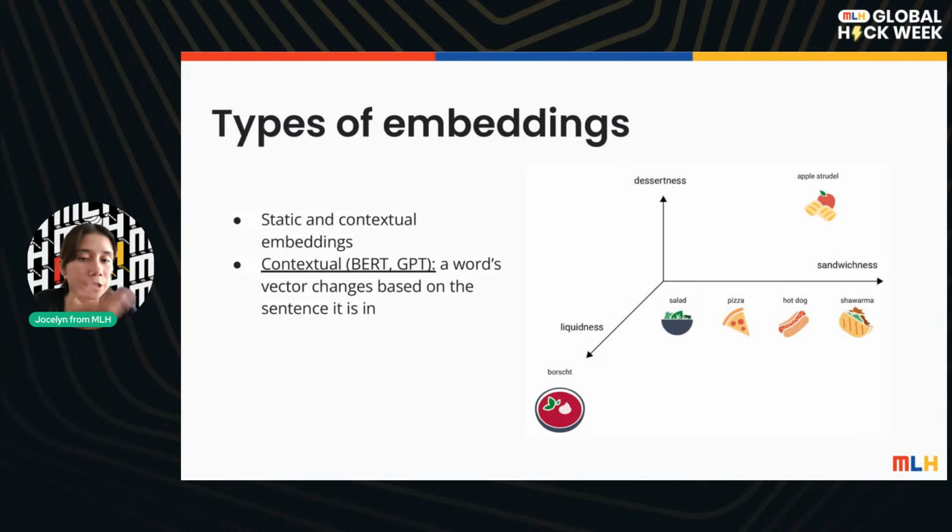And here we're just talking about food, right? If I were to plot spaghetti, maybe that would be somewhere between liquidness and sandwich as well. And if I were to plot ice cream, it might be on the liquidness, dessertness side, because ice cream is liquid, but it's also a dessert. So it will be plotted there as well.